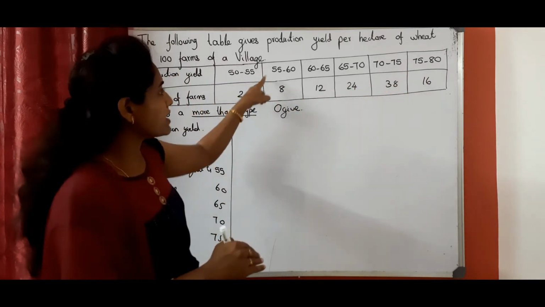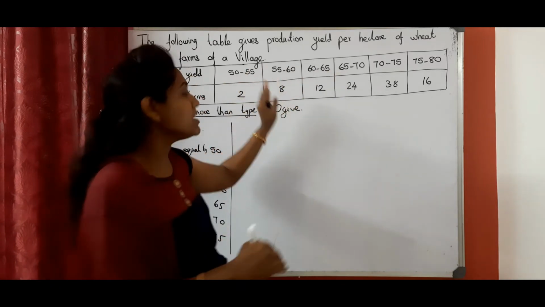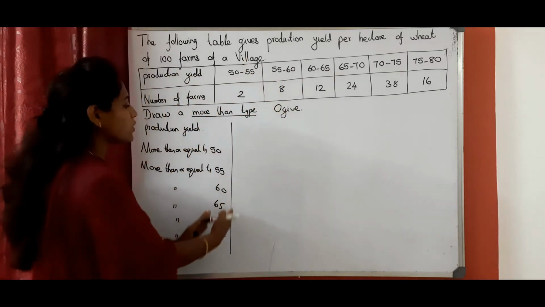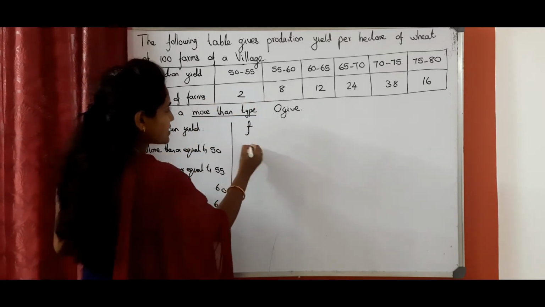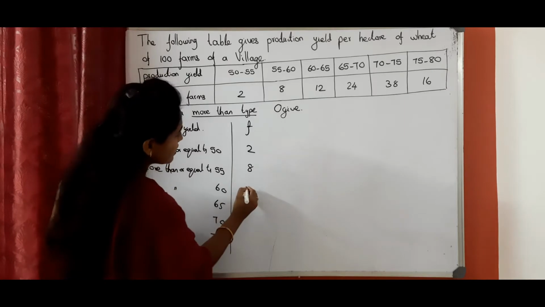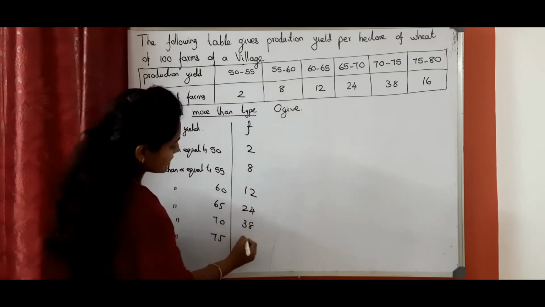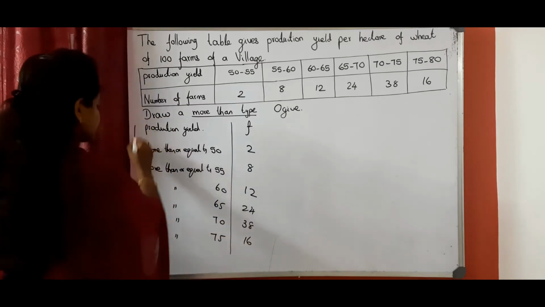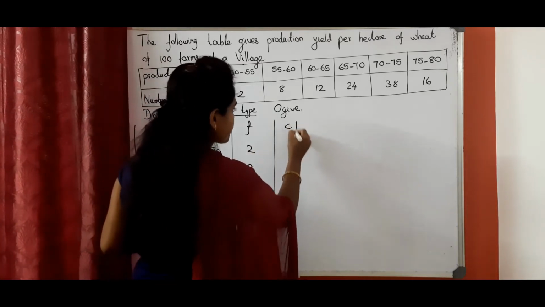But here they gave a class interval, right? Both upper limit and lower limit are given. So first we take the more than lower limit and write the frequency. The frequencies are 2, 8, 12, 24, 38, 16. Then next we should find the cumulative frequency.